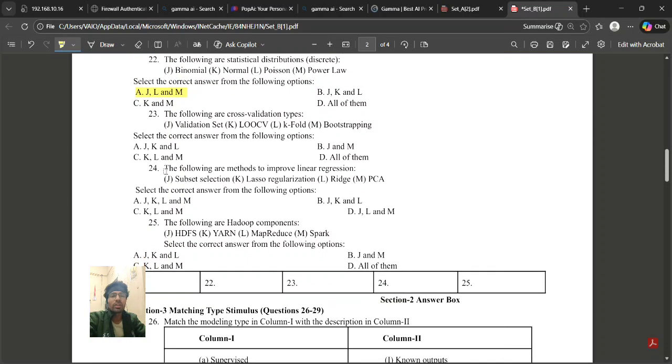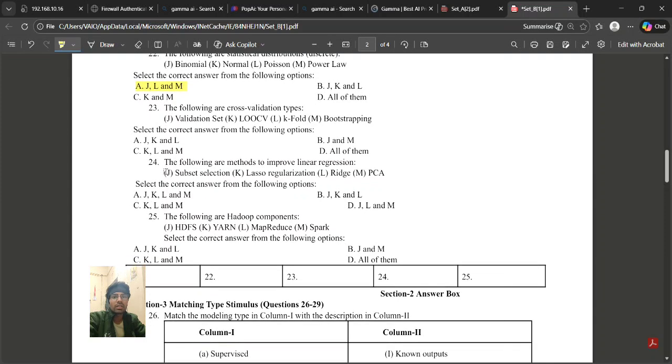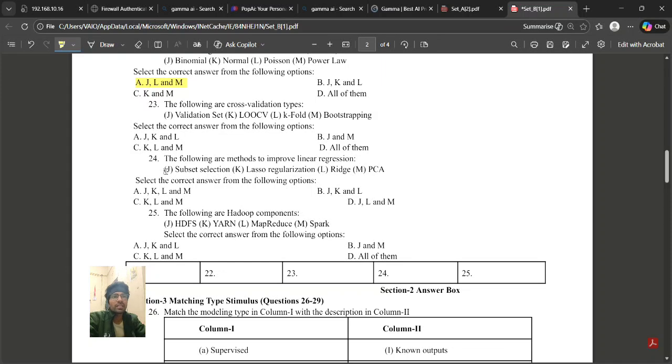Now go to question number 23. Question 23 is all about cross validation. Cross validation set J: yes, that is splitting data into training and validation sets. LOOCV K, leave-one-out cross validation, is definitely a cross validation type.